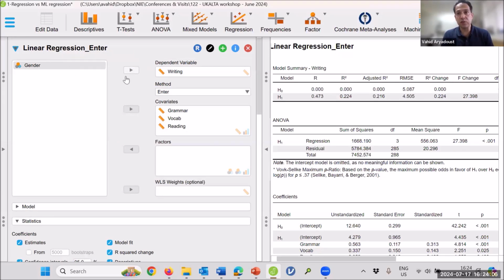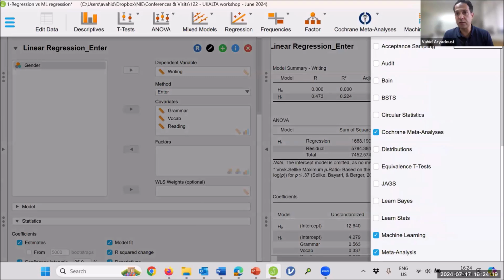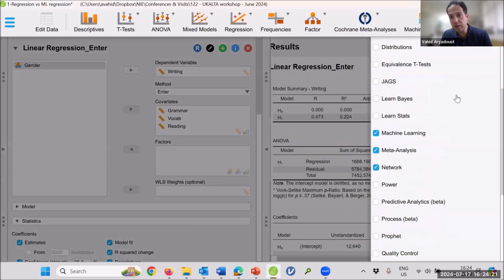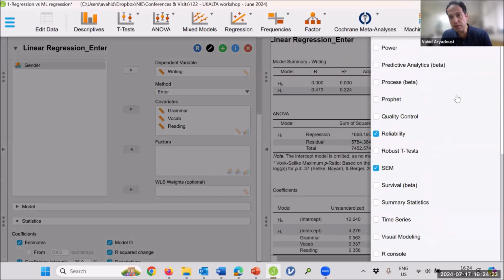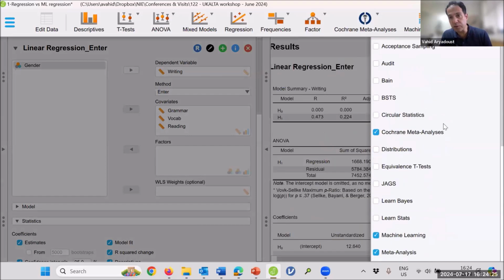Okay, how do we do this? You gotta install, if you haven't done so, regression on the upper toolbar by clicking on this plus sign. And if you cannot see a regression there, you have to just find regression somewhere.